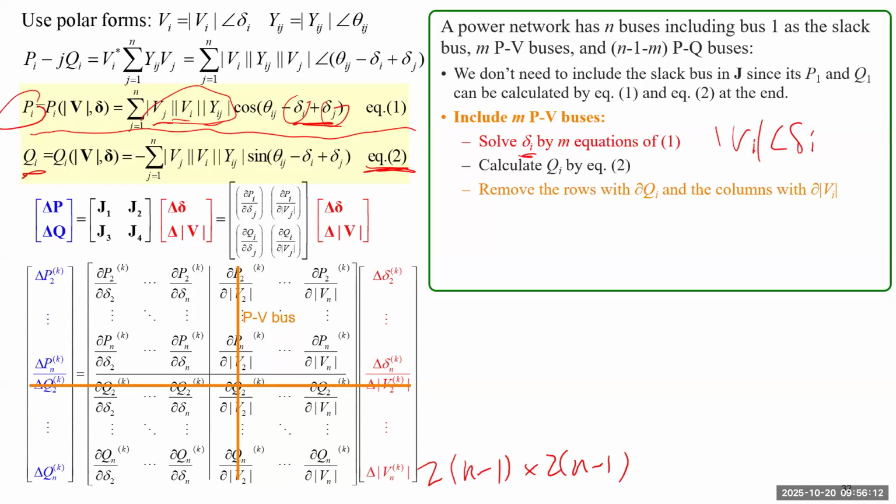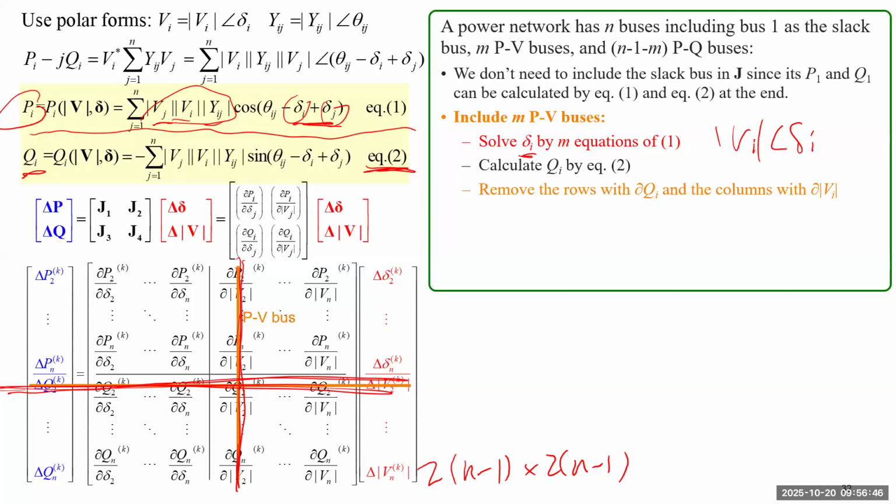So we need to remove any rows involving partial Q related to PV buses. For instance, if bus 2 is a PV bus, we need to cross off that row about the partial Q. Also, because for the PV bus the voltage magnitude doesn't update, we need to cross off that column. So if bus 2 is a PV bus, in the lower portion we need to cross off the first row, and also one column related to V2.